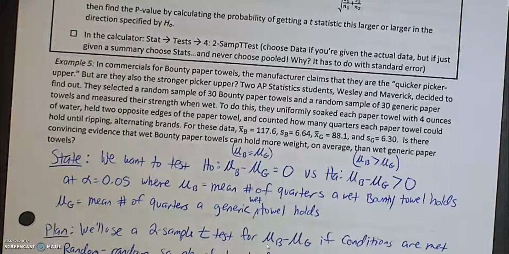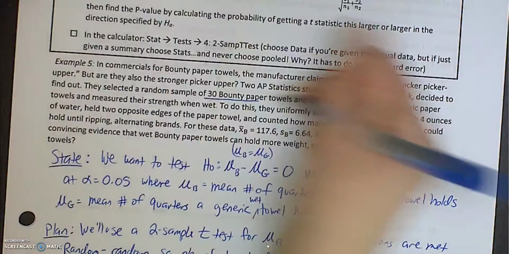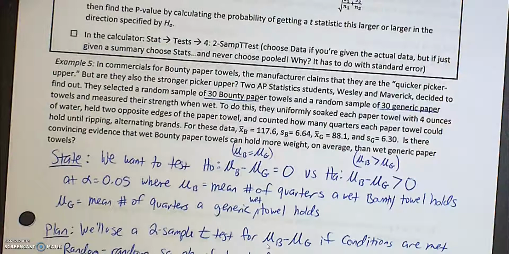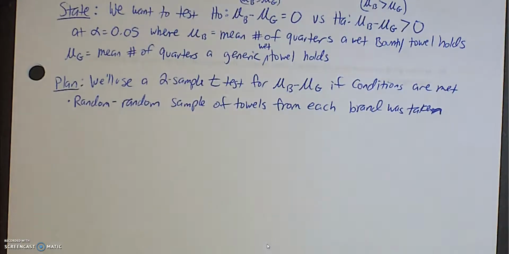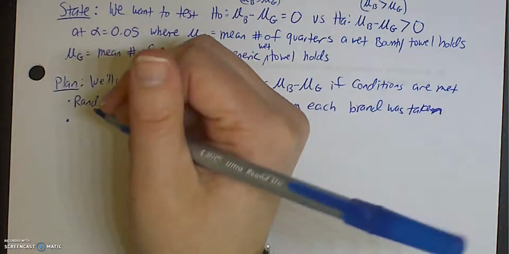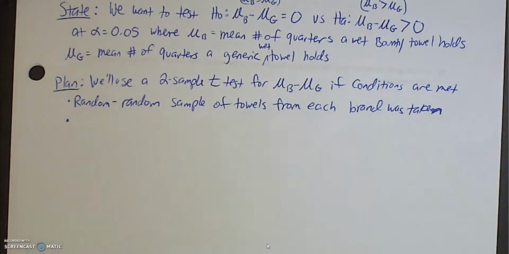Lucky for us, in the problem, we took a sample of 30 Bounty towels and 30 generic towels. So that means we don't need to graph anything because we don't have the data anyway. So the central limit theorem works here, and we can assume that we can use T procedures.